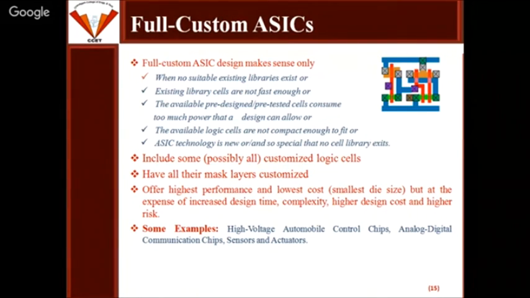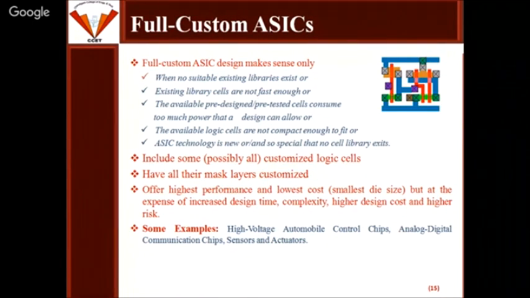Some are based on multiplexers, some on different architectures. If those multiplexers or those RAM devices, SRAM connections, are not up to the mark or not fast enough, then you have to redefine them. Then we have to use full custom.